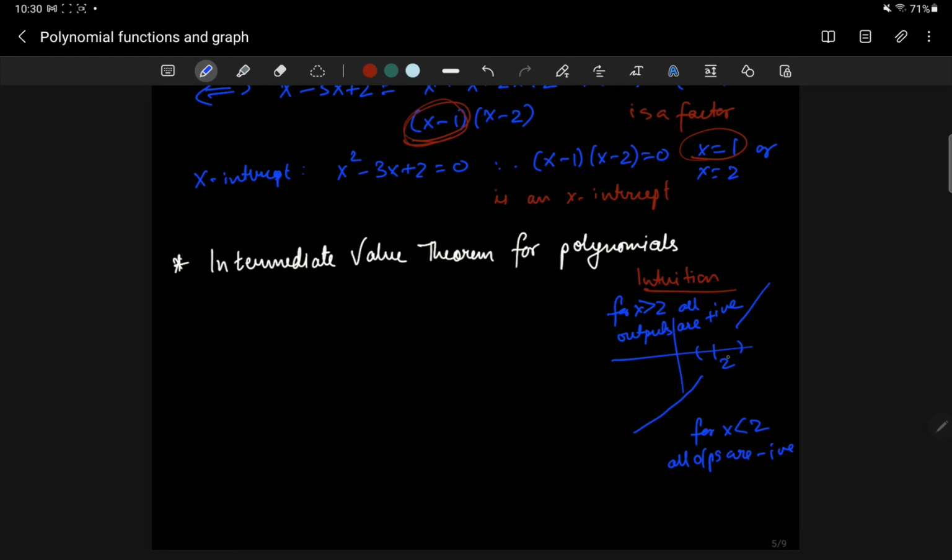Then what you can say for sure is that however you connect these, and there are hundreds of ways of connecting it, it will have to cross 0.